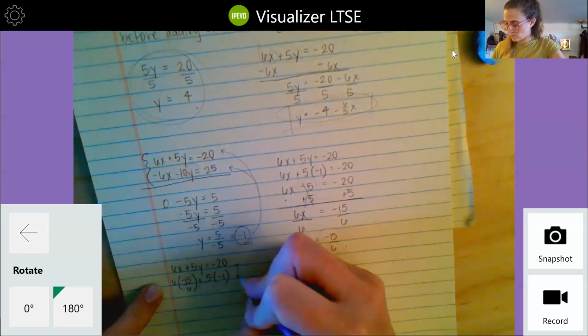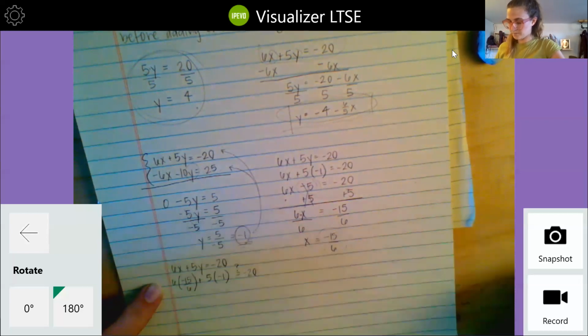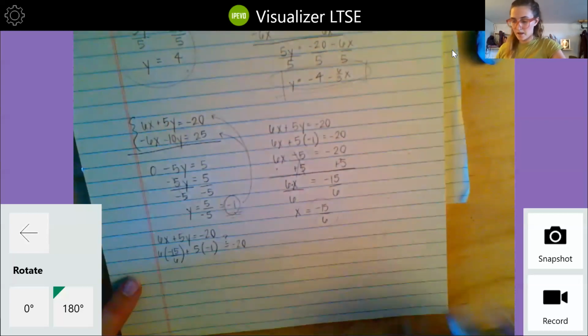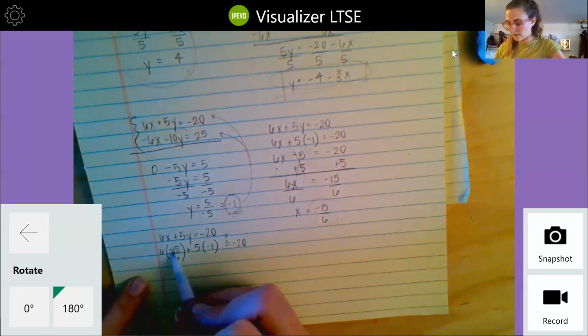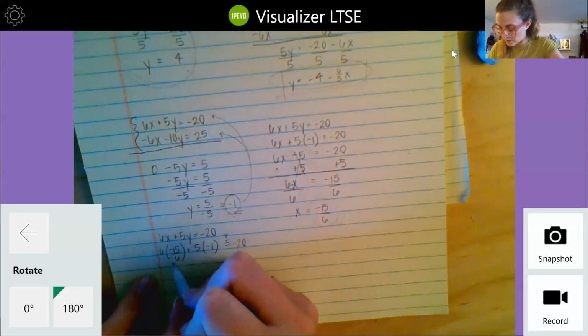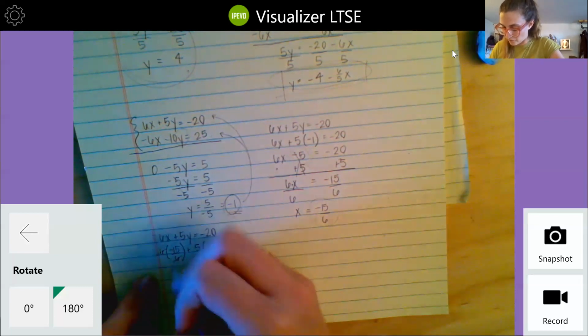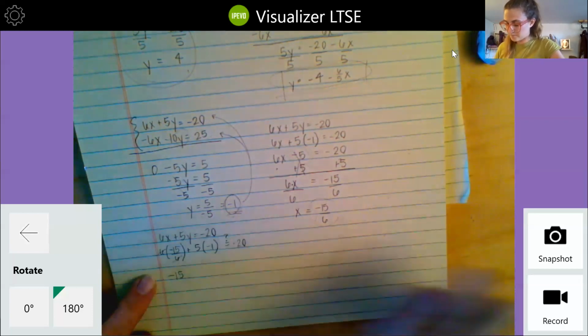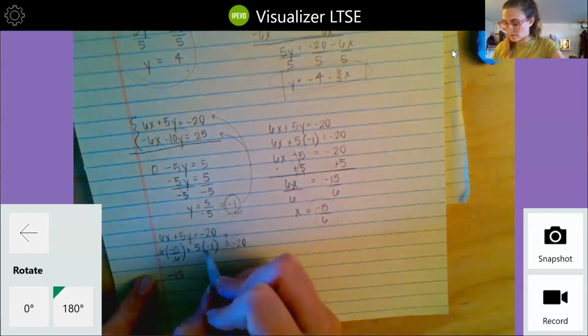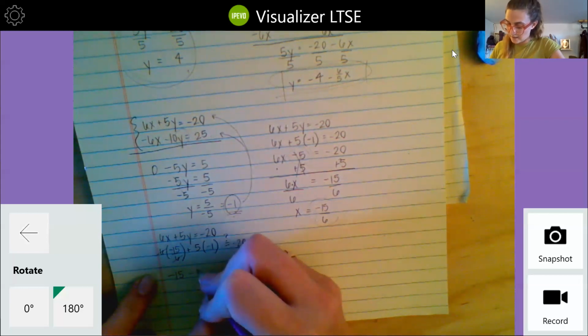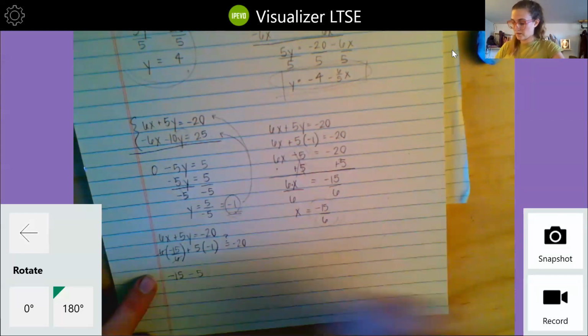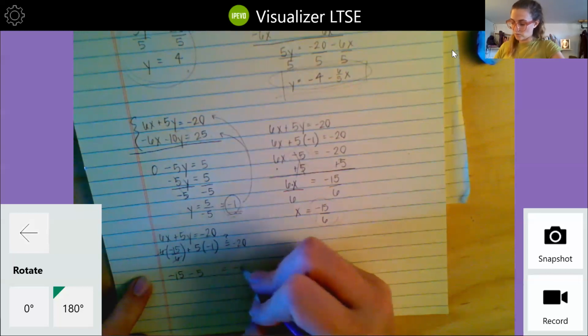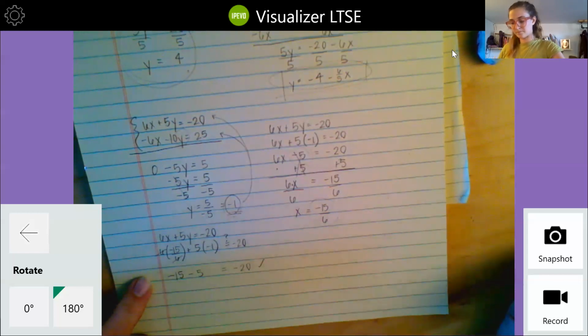Does that equal -20? Let's see. 6 times -15 over 6, the 6's cancel out and I'll be left with just -15. And then 5 times -1 is -5. Yes, that does equal -20.